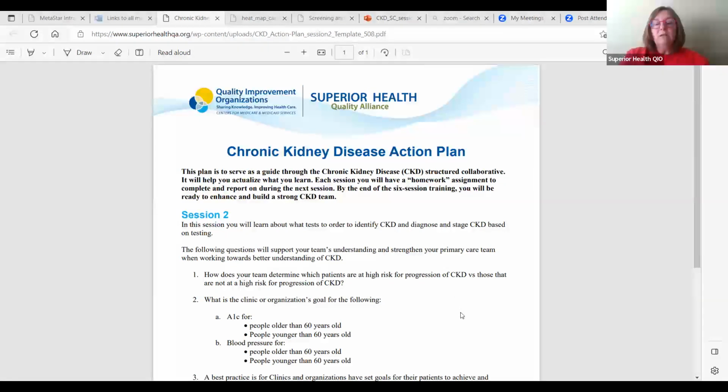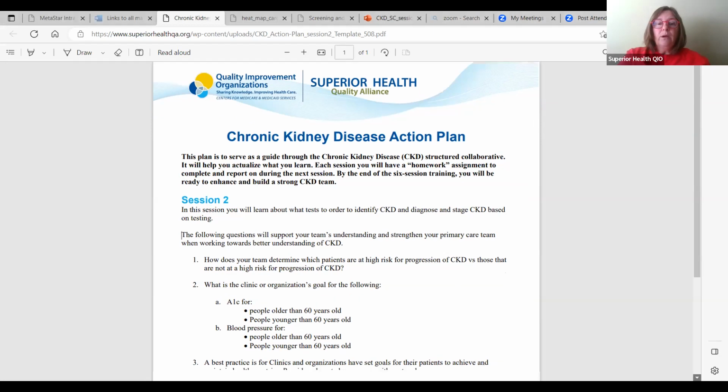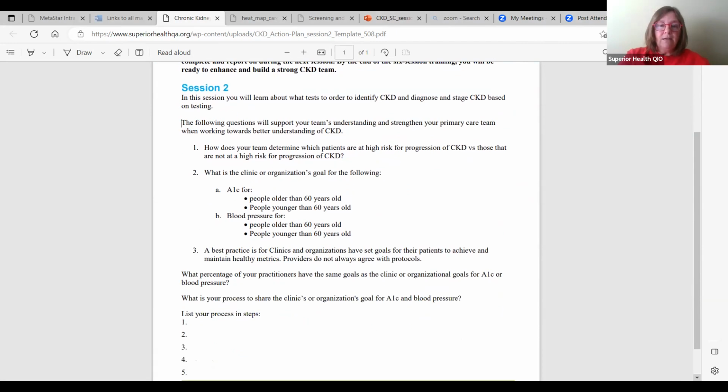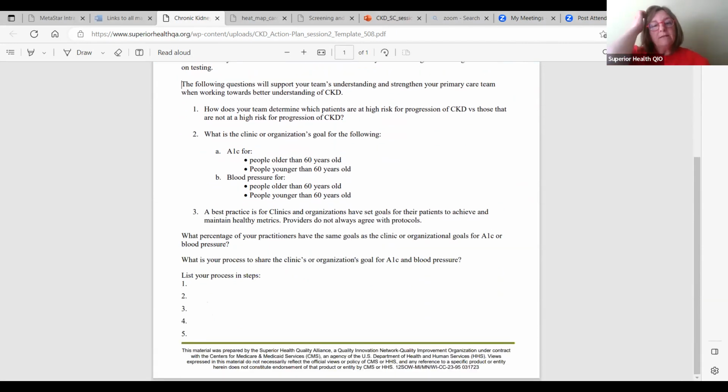So as you can see in this particular action plan, we are challenging you to take a look at the risk and progression of CKD, very important. And we're asking you to take a look at what your goals are around these comorbidity areas and areas that we want you to be paying attention to.